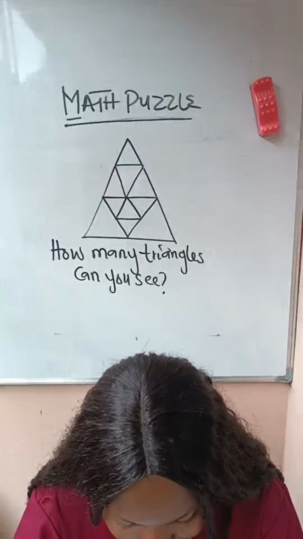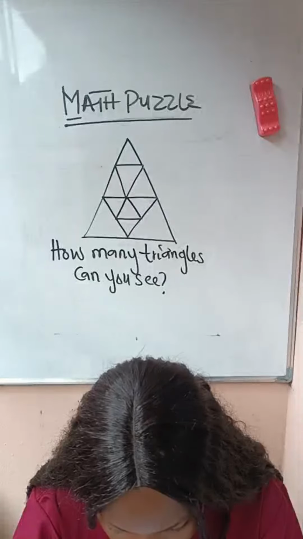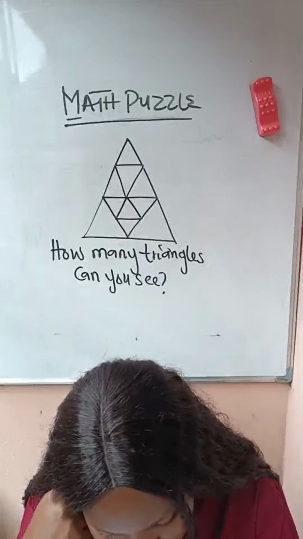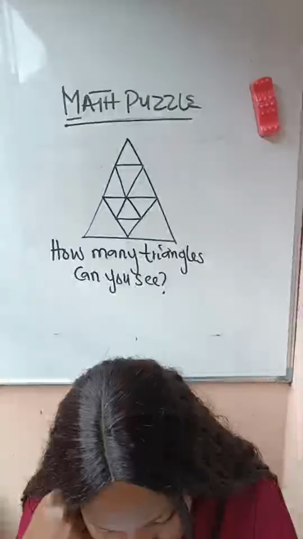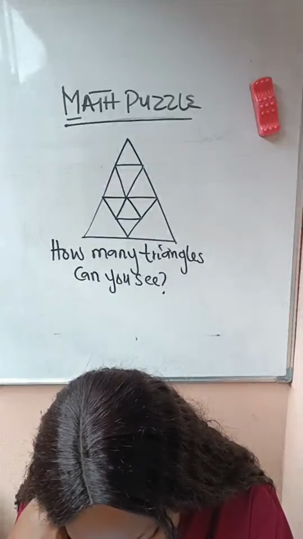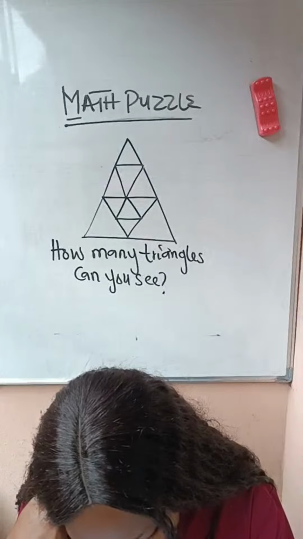So Hitman says 13, 11 in the drawing, 1 in the letter A, plus the word triangles, make it 13. No, remove the word triangles. Just how many triangles can you see in the diagram? Okay, so Frank, the line says 13 as well.